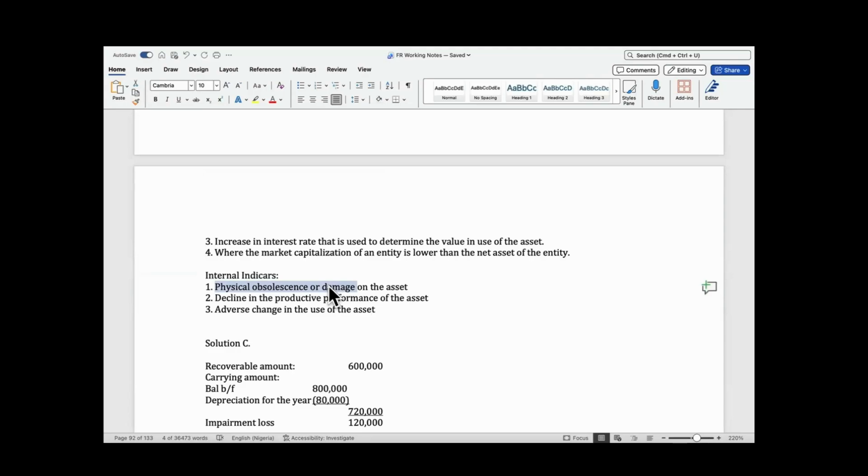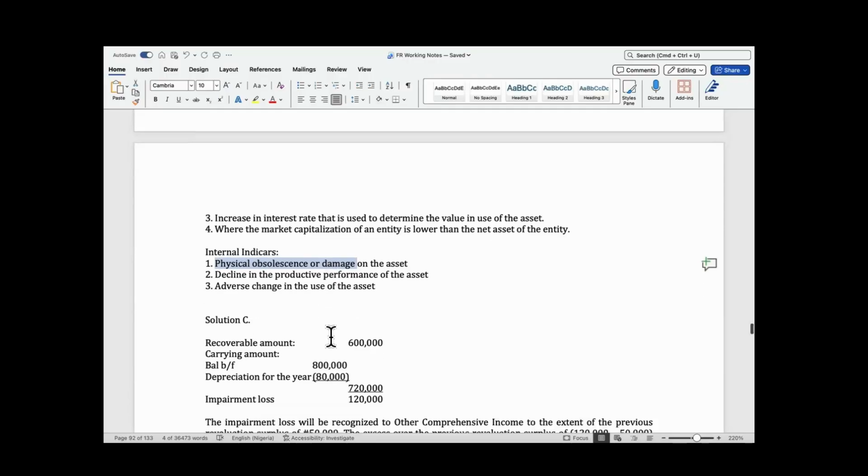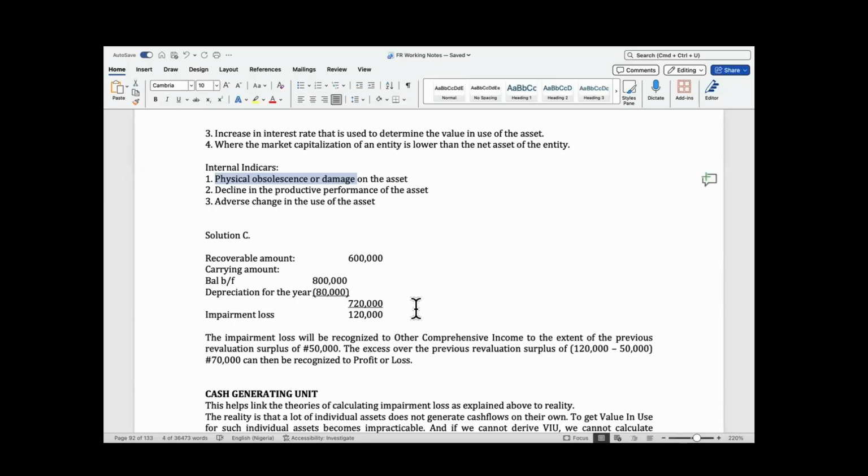It's more permanent. When there's a decline in productive performance, when there is an adverse change in the use of the asset, all of this can bring about a serious loss in the asset that is more permanent than mere changes in value that's temporary. So that's really much of it around impairment loss.